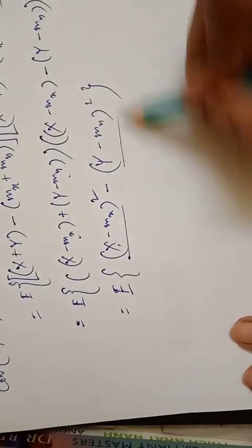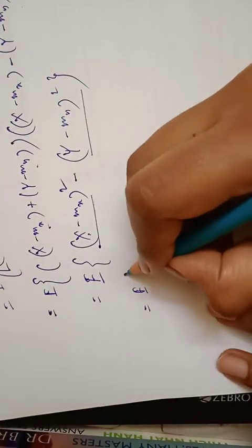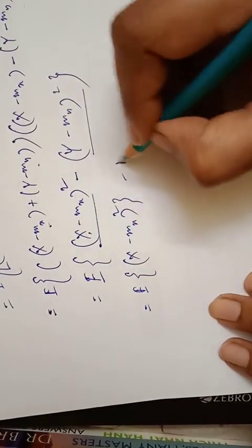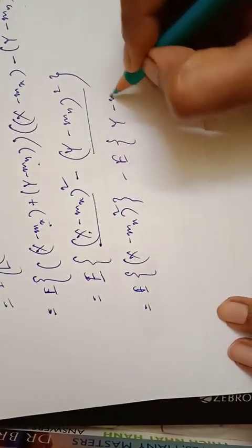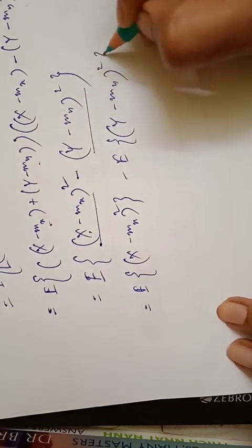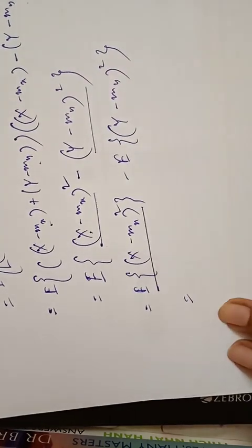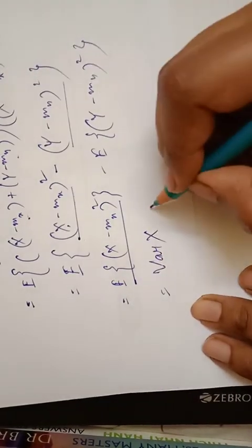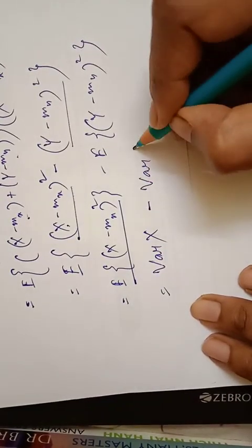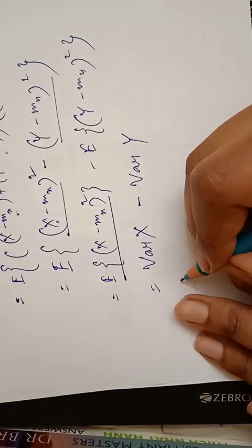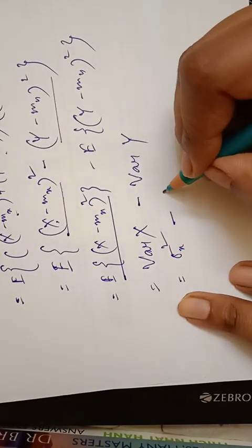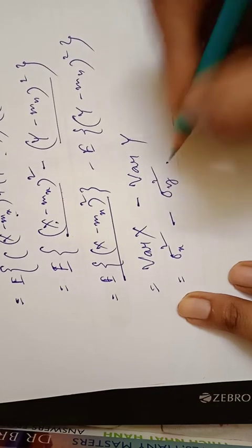Again we can split that, so expectation of x minus mx its whole square minus expectation of y minus my its whole square. Now check, this is actually the variance of x, so var x minus variance of y. Now variance of x means sigma x square and variance of y means sigma y its whole square.